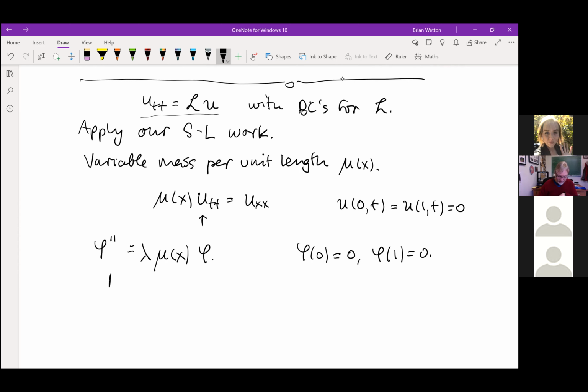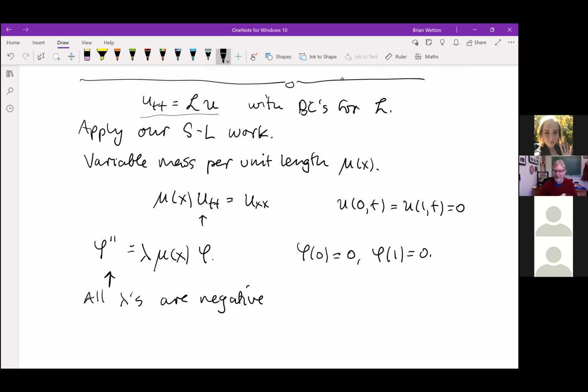Okay, and so we know with the mu of x positive that all the lambdas are negative. That was an argument that we had on an assignment.